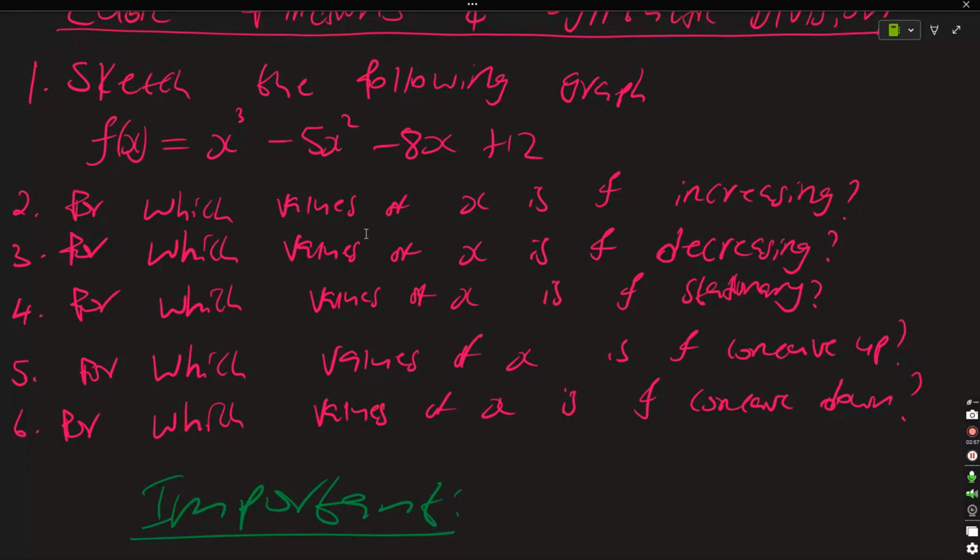When you talk of increasing and decreasing, we are talking about the first derivative. For a graph to increase, its first derivative will be greater than 0. For a graph to decrease, its first derivative will be less than 0.